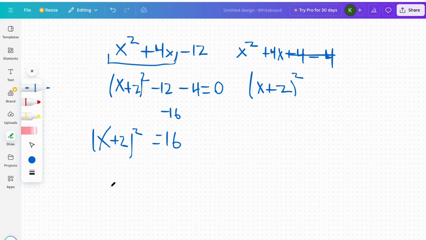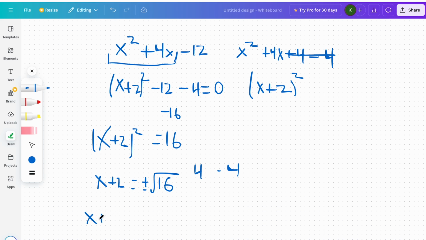And then from here, we would just take the square root, so x plus 2 equals plus or minus the square root of 16. We know the square root of 16 is positive 4, and we'd have negative 4. So we would just continue to solve.